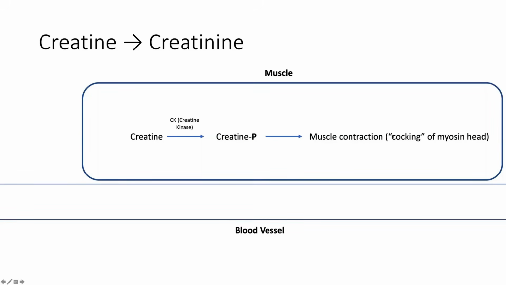And then the phosphate is used, remember in ATP, to cock the myosin head when you're talking about actin and myosin interactions. ATP is the same thing, because it's a carrier of a high energy phosphate bond. So creatine becomes creatinine, and that creatinine goes into the bloodstream and is carried to the kidneys where it's eliminated. Pretty simple, super simple.